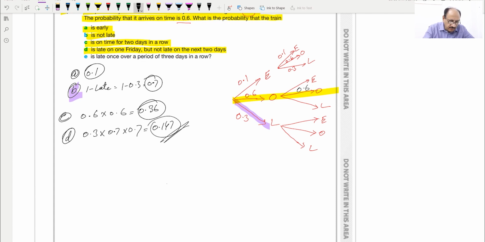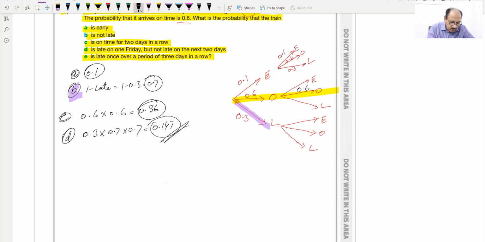Now for part E, which is a little tricky. Part E is saying is late once over a period of 3 days in a row. So 3 days in a row it is late.